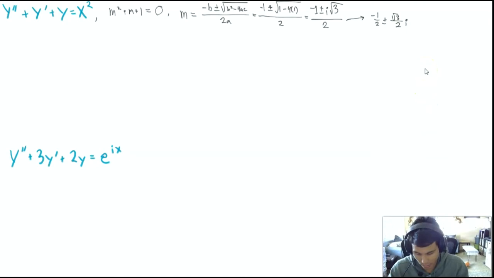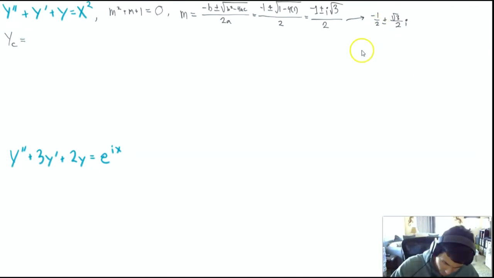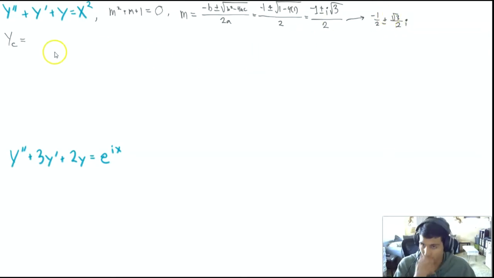So if we were to create a solution, what would that solution look like? First, let's call it yc for our complementary solution. Look at that, there's an imaginary part. So that means we're going to use our sine and cosine to help describe this.